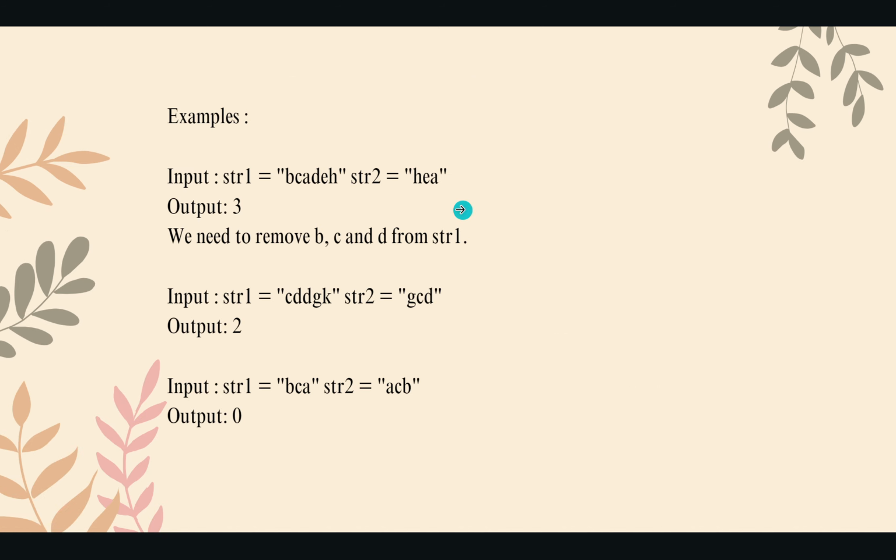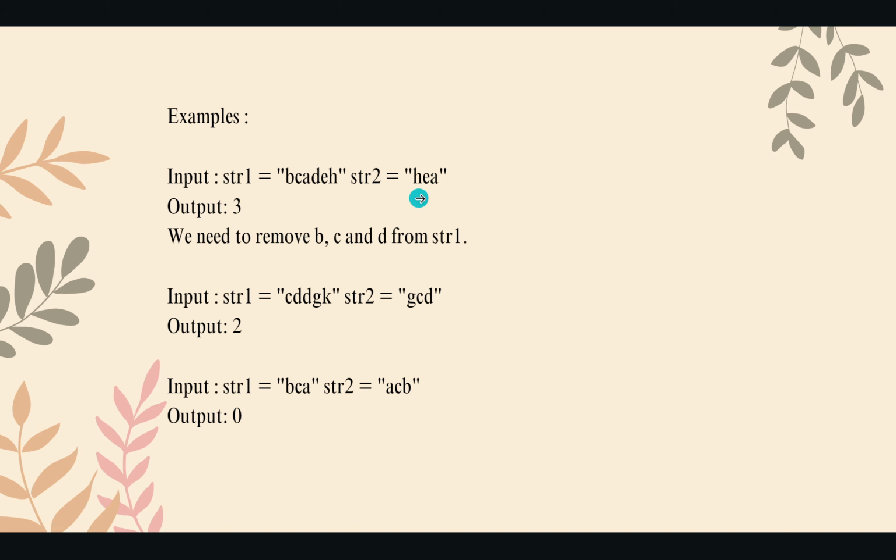You can understand in a better way if you see the example. You are given string 1 and string 2. What you have to do is remove the minimum number of characters in any of the strings or both the strings in order to make the two strings anagrams.